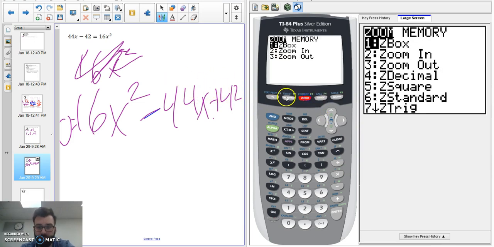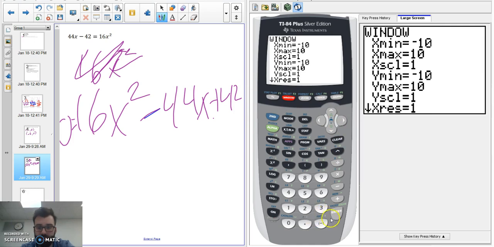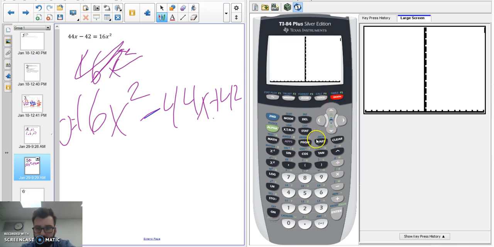So I'm going to need to adjust. Let's see. Let's say my y max is 50. My y min, I'm just going to put it 0. See if that adjusts it. Okay, here we go. We're starting to see something.